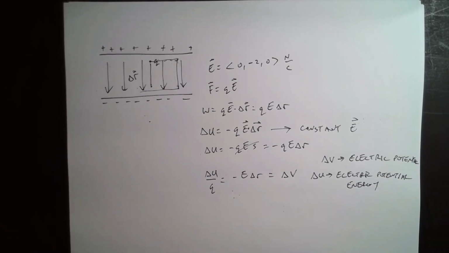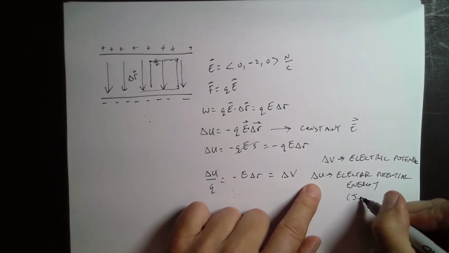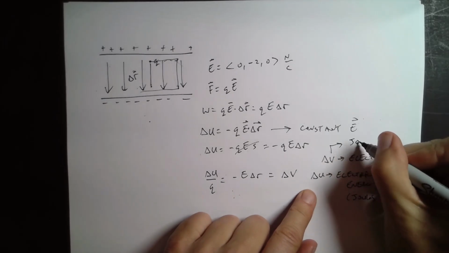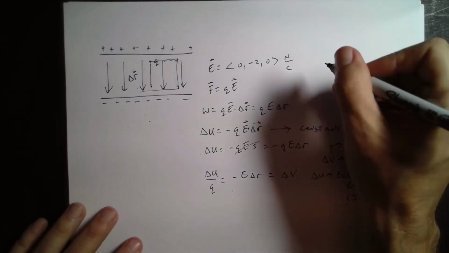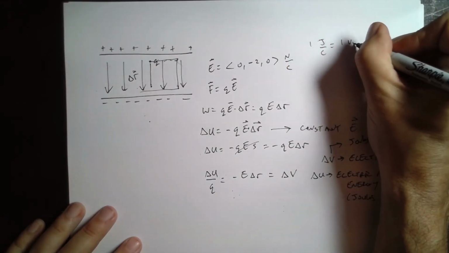It's really easy to mix those two up, right? But the potential energy has units of joules, and this has units of joules per coulomb. And 1 joule per coulomb is equal to 1 volt.